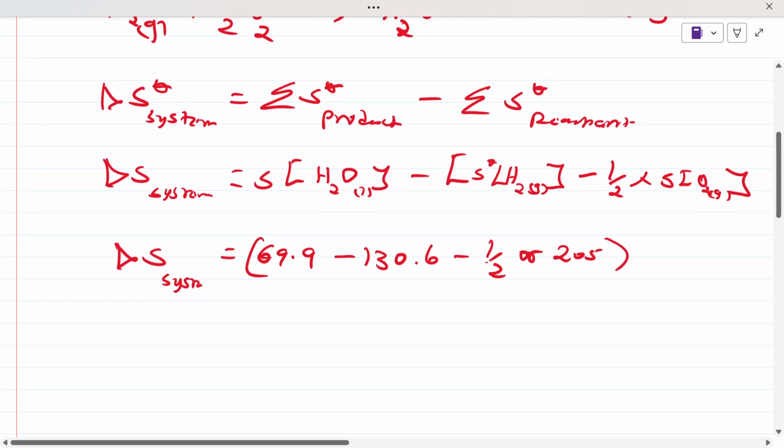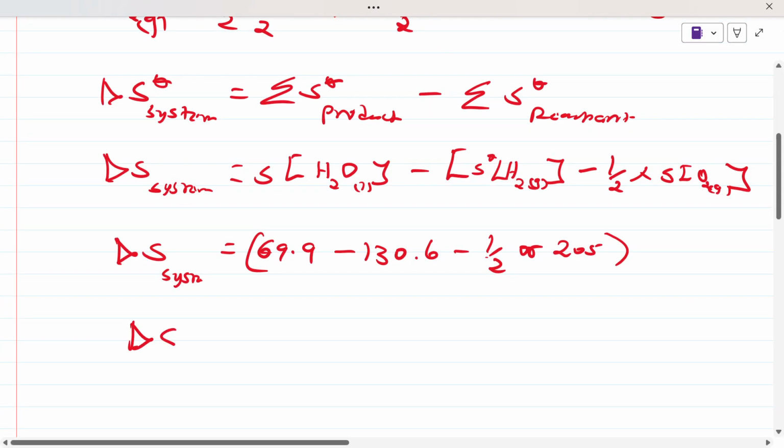If you do that calculation very well, our delta S under standard condition of the system is going to be negative 163.2 joules per Kelvin per mole.